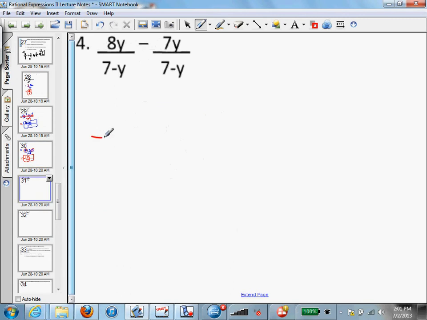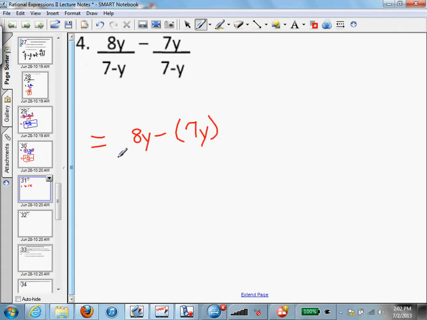Okay. Now we're dealing with subtraction, so we have 8y over 7 minus y minus the quantity 7y over 7 minus y. So for subtraction, I like to write the first term, the first part, minus, and then open up parentheses followed by everything that is followed by that minus.